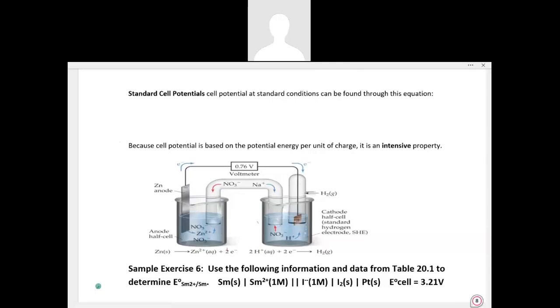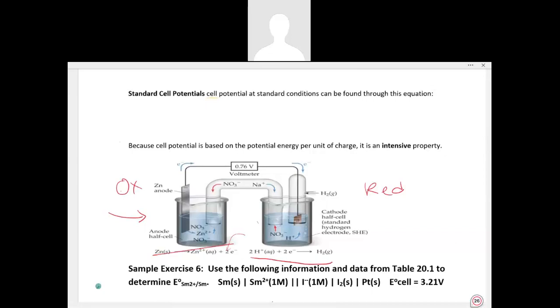So that's going to be over here, our anode half cell, and we see that we have our oxidation reaction happening at the anode. And then on the other side, we see our reaction happening at our cathode. That's going to be our reduction. So we have oxidation at our anode, we have reduction at our cathode.